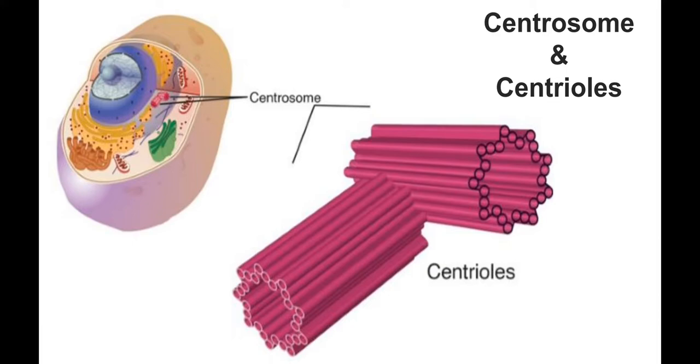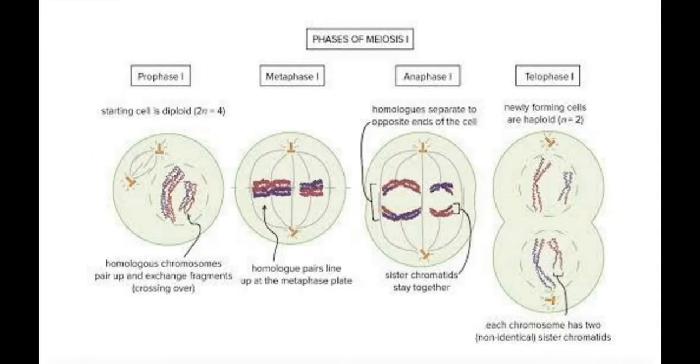And the centrosomes with centrioles inside also duplicate. Here we see during prophase 1, homologous chromosomes pair up and exchange fragments. What is again very different from mitosis is that we have a special process which is crossing over, and this is the exchange of genetic information between homologous chromosomes.